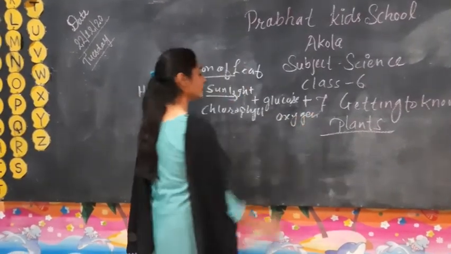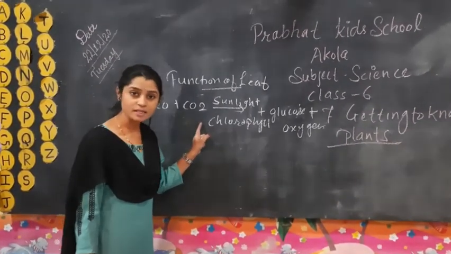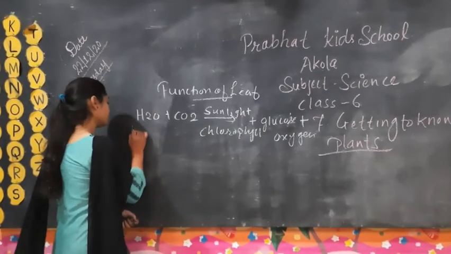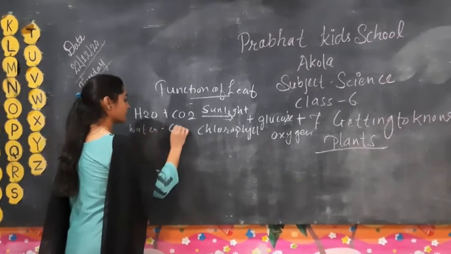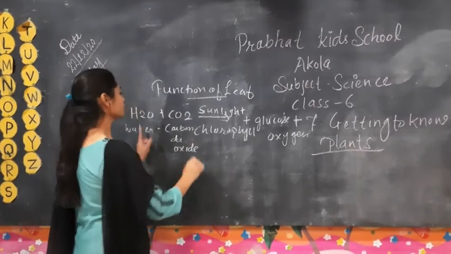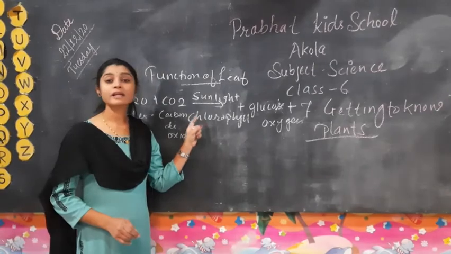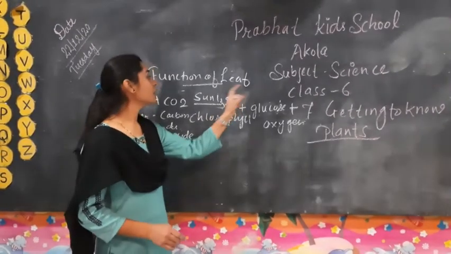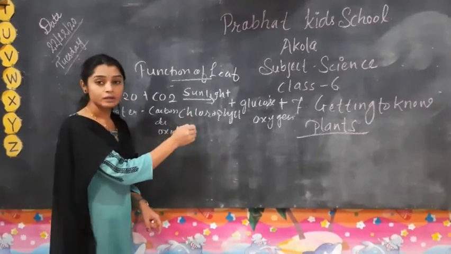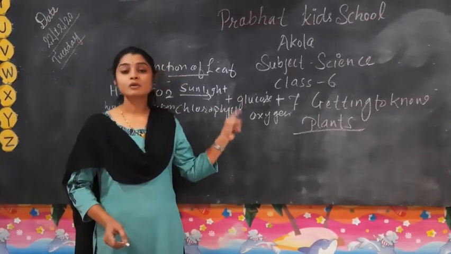Leaf uses the atmospheric carbon dioxide and roots absorb the water from the soil. This is the water, this is the carbon dioxide. Using both of these, along with sunlight and using the green pigment which is present in the leaf, chlorophyll, plants prepare the food which is called simple sugar, that is glucose.